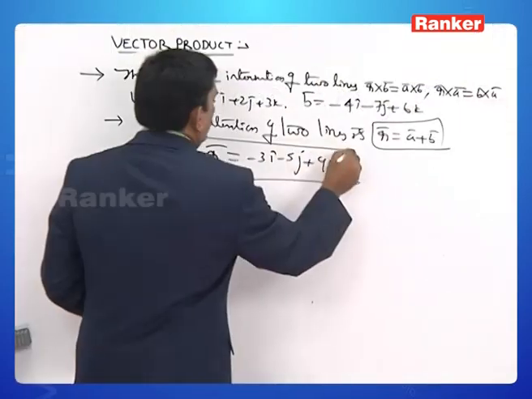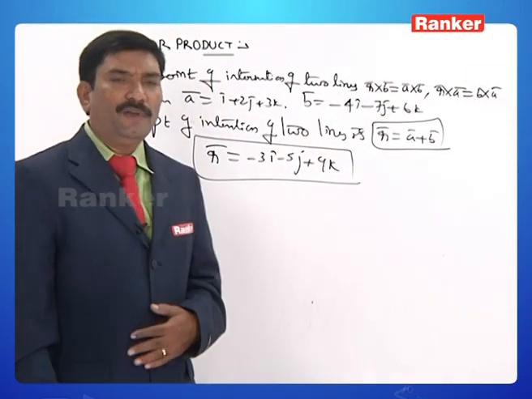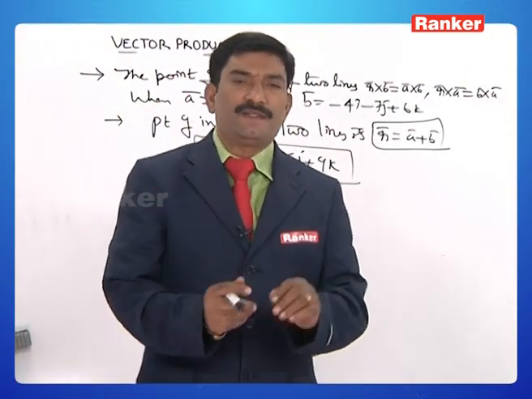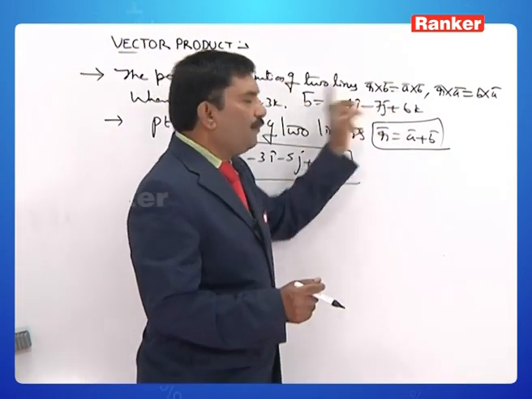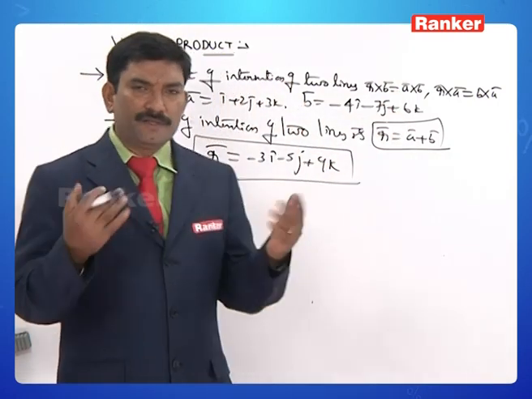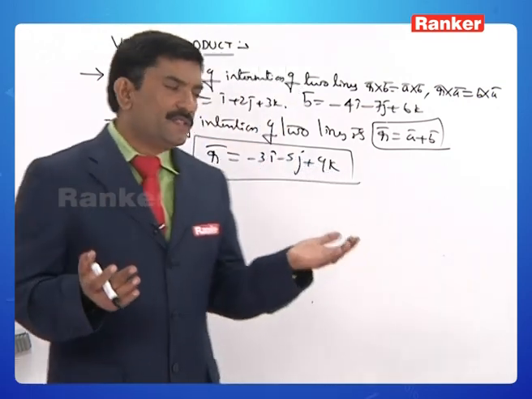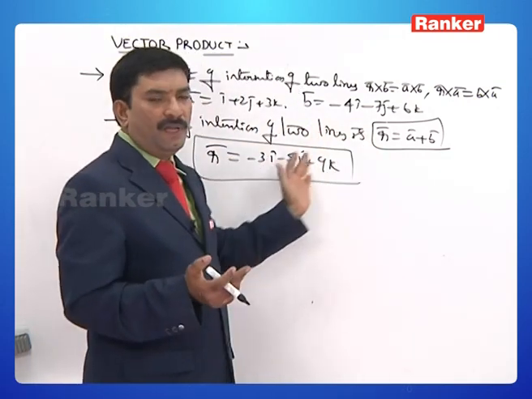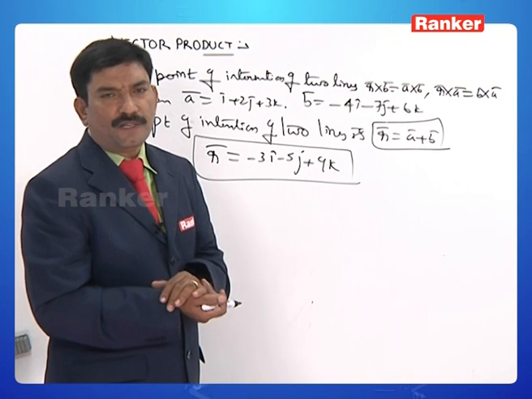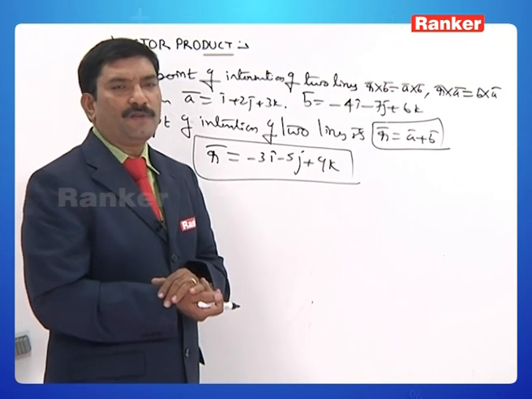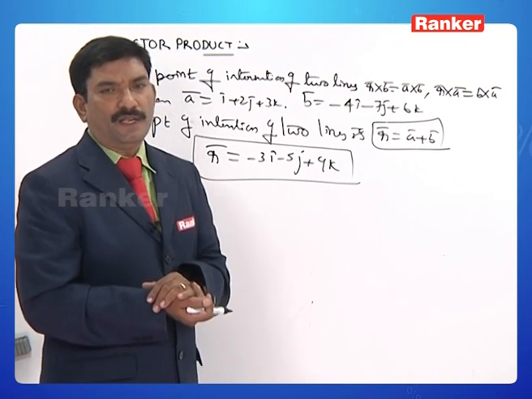So therefore, the position vector of the point of intersection of two lines, when A bar and B bar are given, is A bar plus B bar. Add the two vectors. That gives the position vector of the point of intersection of two lines.